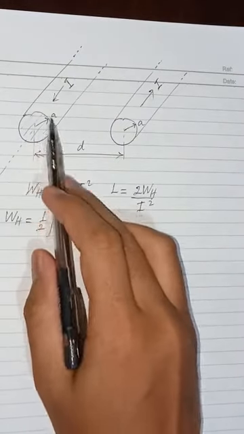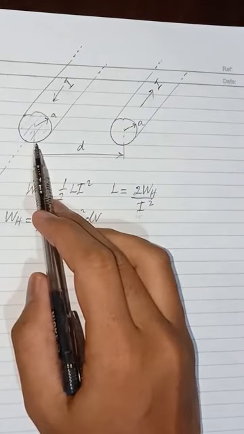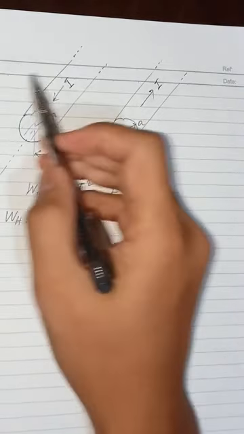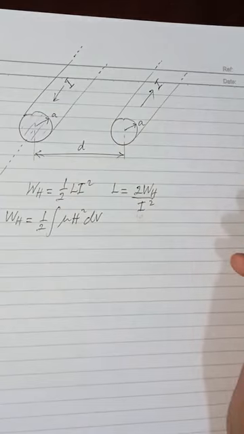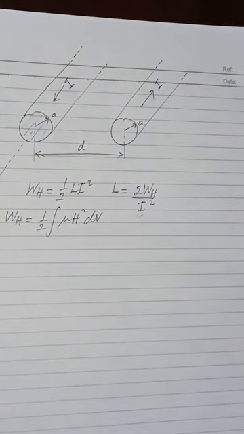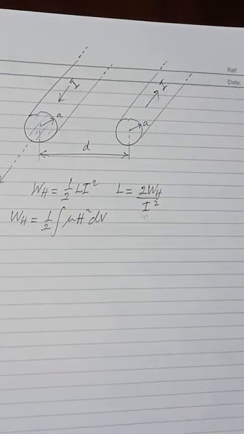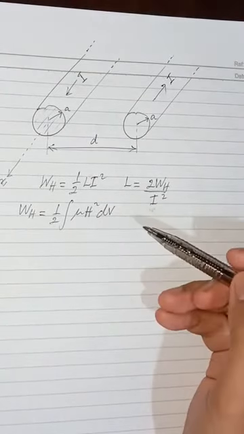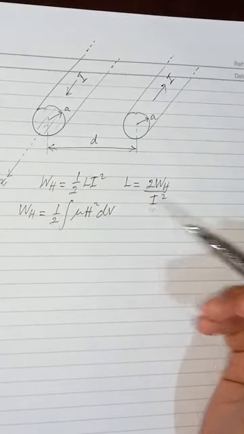The first region will give us the internal inductance, while the outer region will give us the external inductance. In short, we have to combine them to get the complete value of inductance. So let's find both inductances.